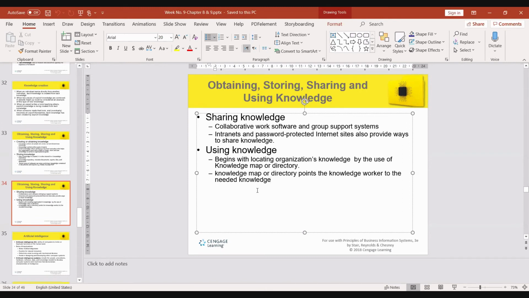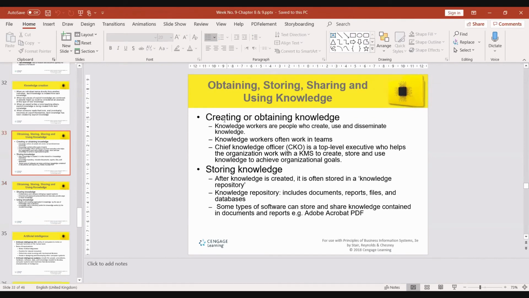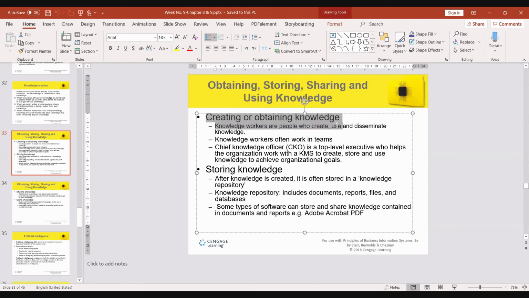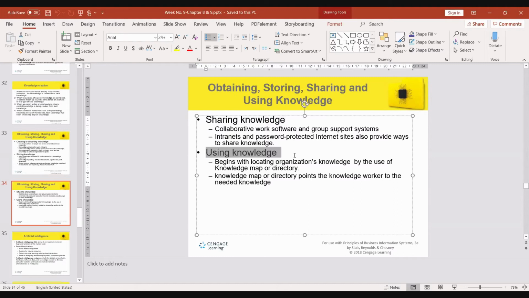So this will be provided and the people can use the system in this way. So I repeat again, what are the steps involved in a knowledge management system? First, creating and obtaining knowledge. Second, you need to store the knowledge, then share the knowledge, then use the knowledge.